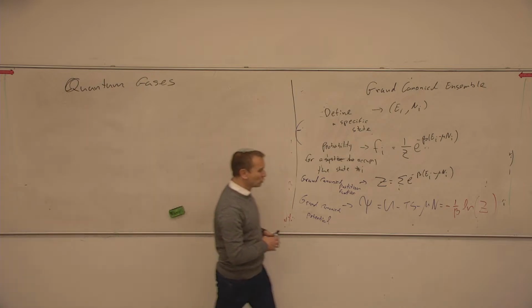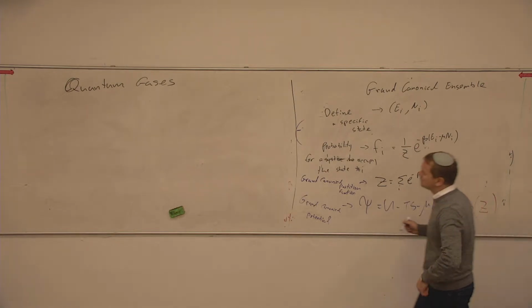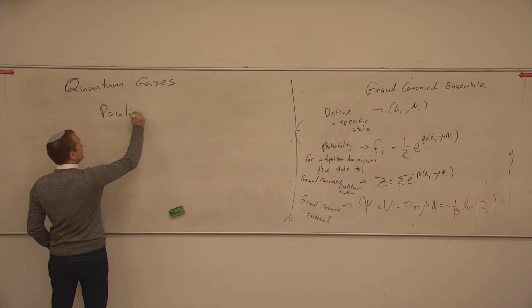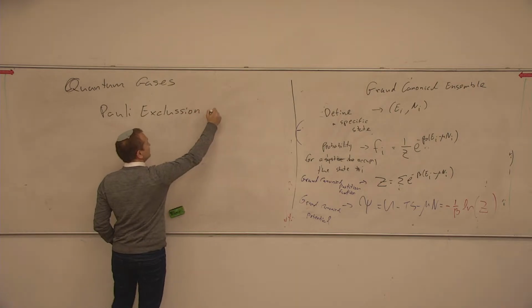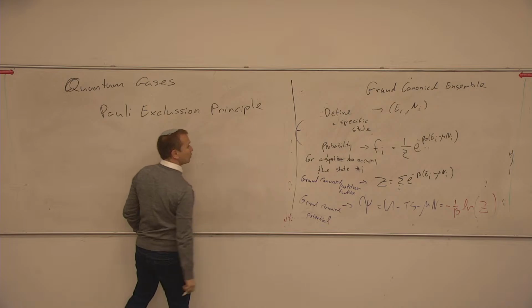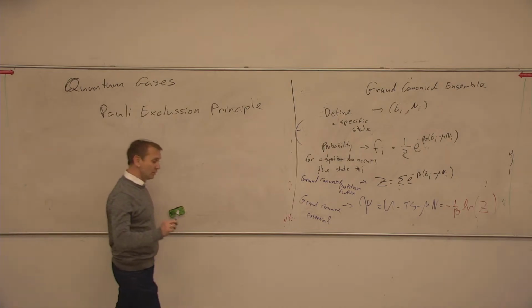Because in the quantum world, I have the Pauli exclusion principle. What does it mean? Certain particles have symmetry or anti-symmetry in their wave function depending on their type.